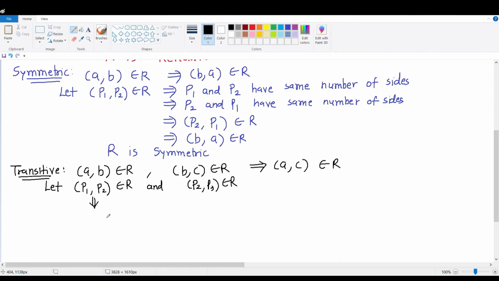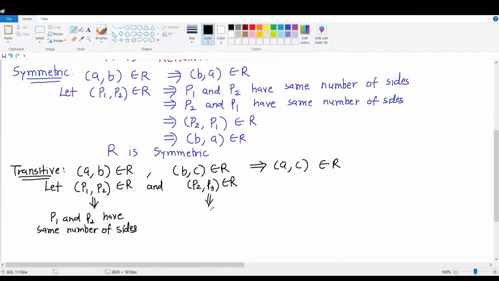Now if P1 comma P2 belongs to R, means what condition? P1 and P2 have same number of sides. So this implies that P1 and P2 have same number of sides.